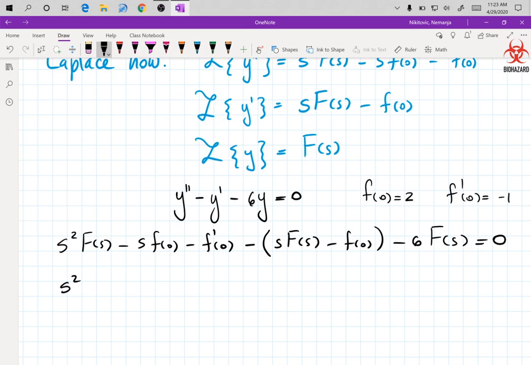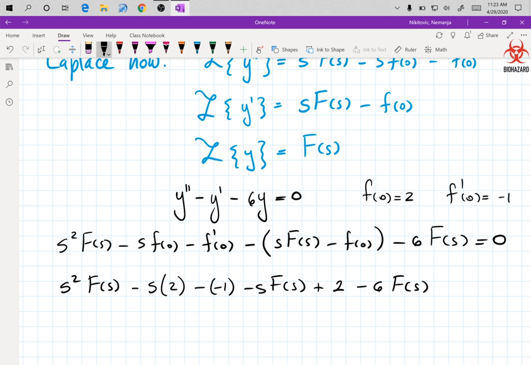I have s squared F of s minus s times 2, minus negative 1, minus s F of s plus 2, minus 6 F of s equals 0.